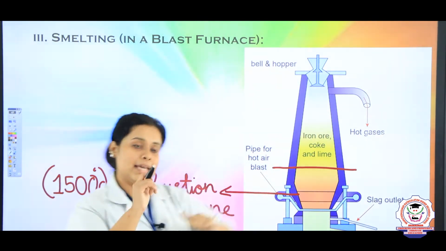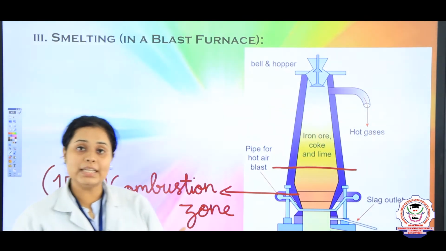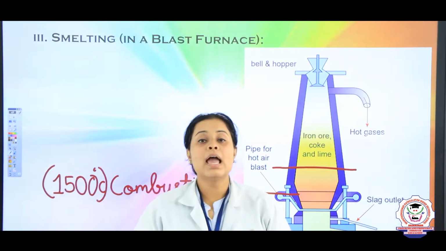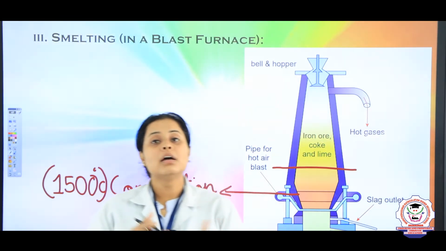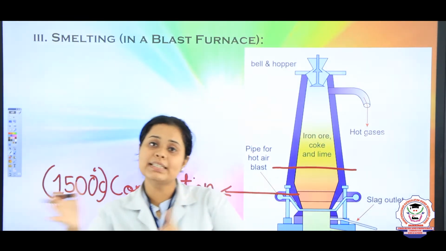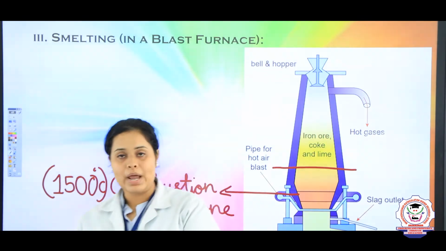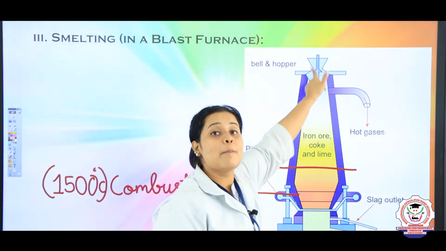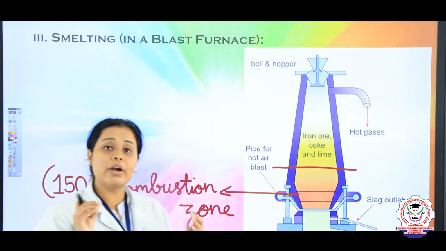When you are doing the smelting process, you take the roasted ore, then coke and limestone, in the ratio of 8:4:1, and this method of keeping is known as the cup and cone arrangement.